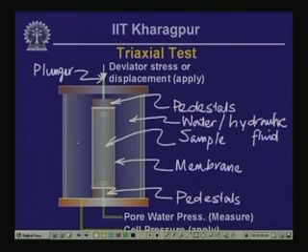So, the pressure here is called the cell pressure, and this is the triaxial cell.